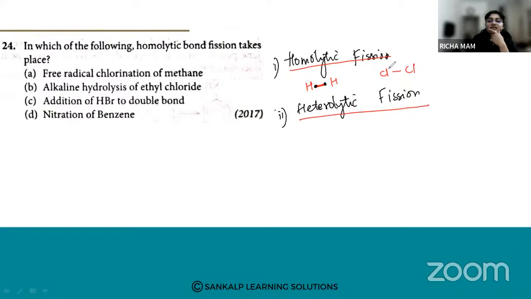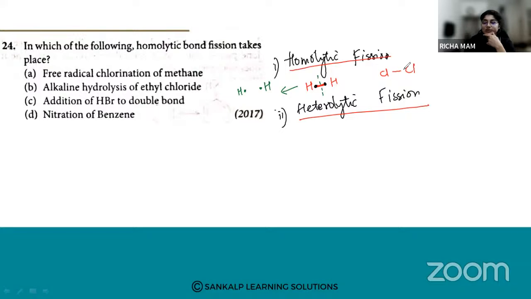Now when this bond has to be broken, it will be broken into two halves. Each hydrogen will get one electron. So this is called homolytic fission, or homolytic cleavage. Equal numbers of electrons are distributed.